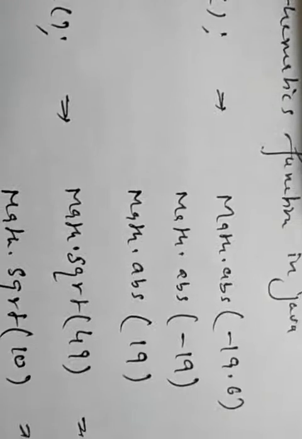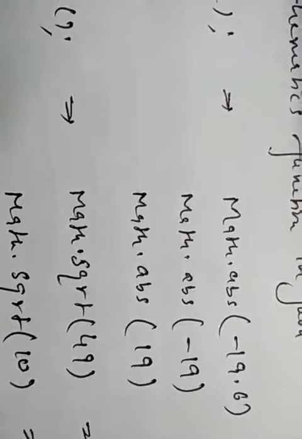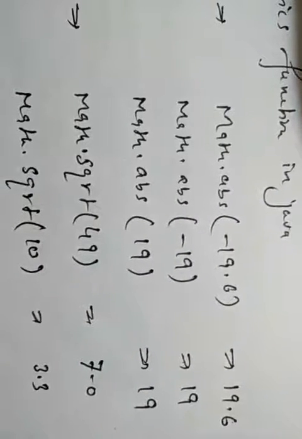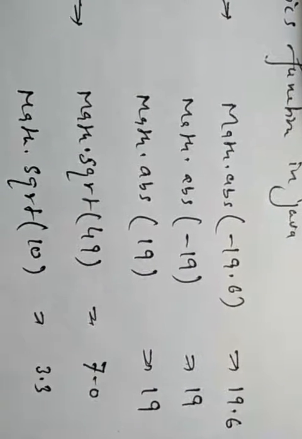Now here are some more mathematical functions which are used mostly for output purposes. So here we are finding the output of ABS. ABS is used to find the absolute value of a number. So Math.abs(-19.6), the answer will be 19.6. Only the positive value will come.